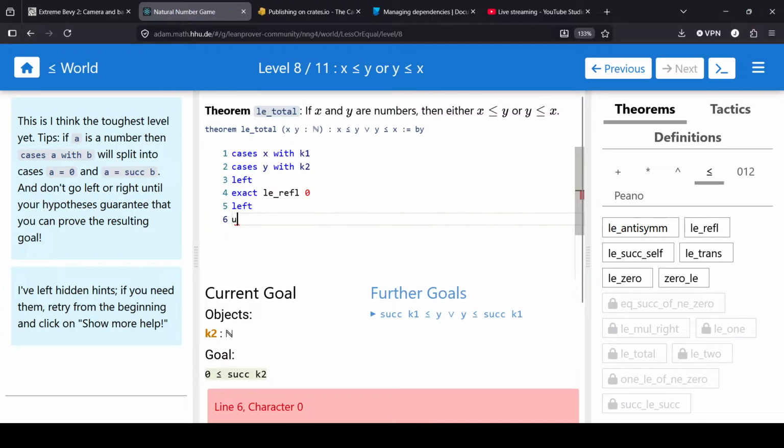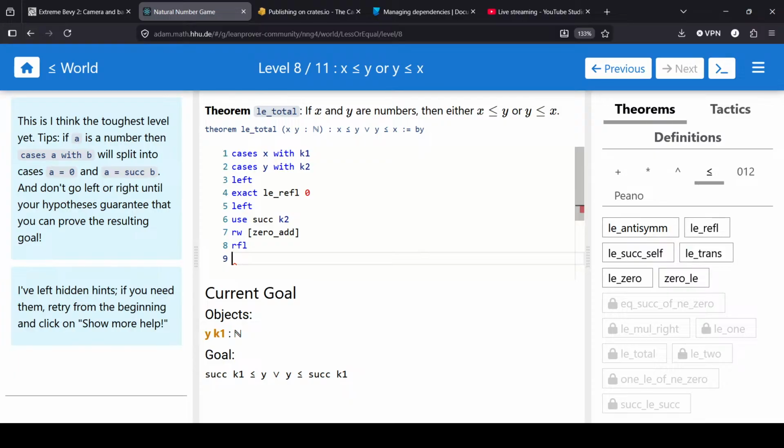Do I need to use the sorry? Okay, that looks like it's working so far. Okay, and then I rfl. Rfl. Yes.